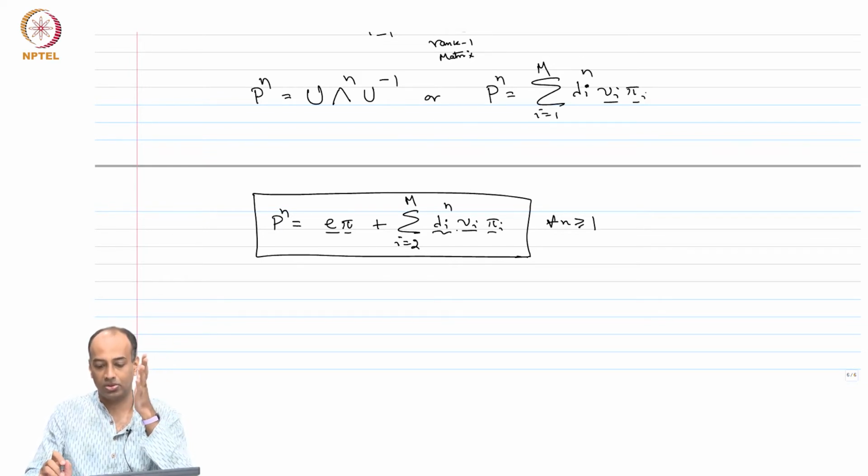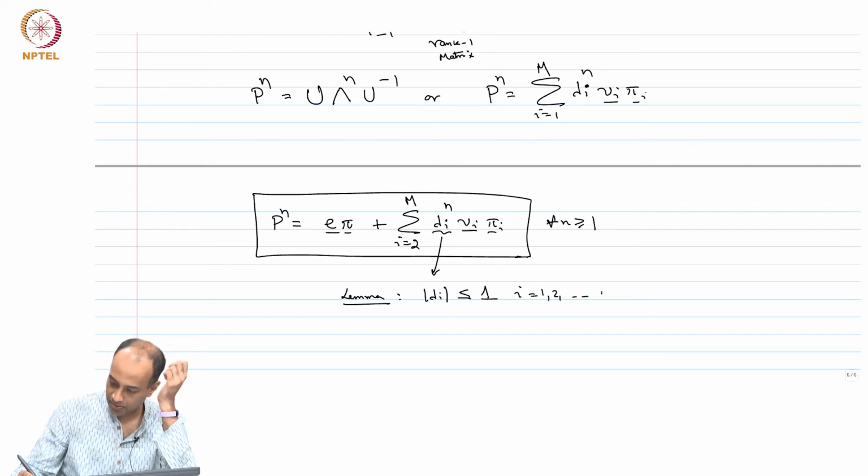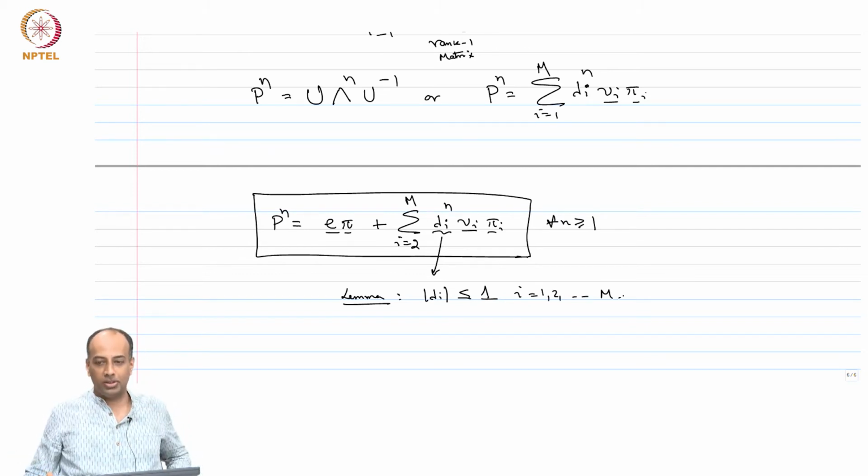Now, what happens is the following. See these eigenvalues lambda i, which are the eigenvalues other than the one eigenvalue, these can be shown, lemma, to be having magnitude less than or equal to 1. Actually lambda 1 is equal to 1, and the others have magnitude less than or equal to 1.